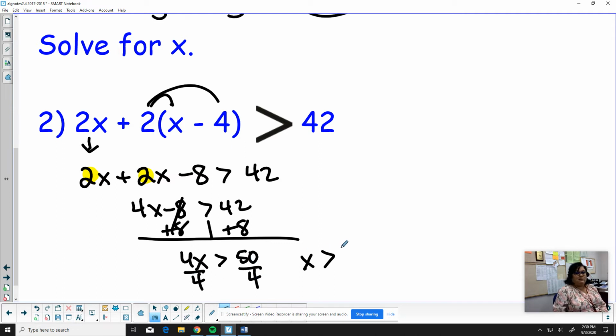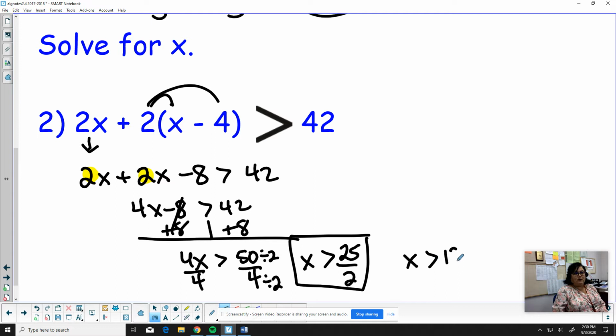So let's see, that will simplify to 25 over 2 if I divide both by 2. Which is a perfectly fine answer. You could also change it to, let's see, it'll go in 12 times with a half left over, so 12.5, that would work too. It's a terminating decimal or an improper fraction. Both are acceptable. So if you got it, good job.